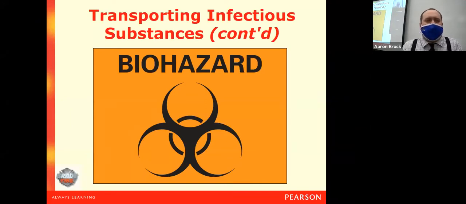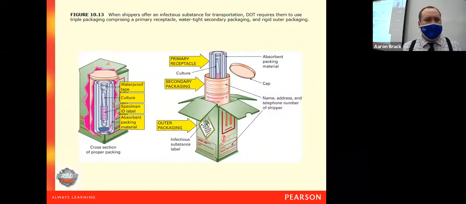When infectious substances are transported, they have to carry the biohazard placard as seen here. This is the most common pictogram for indicating that we have a biological agent that is being moved.